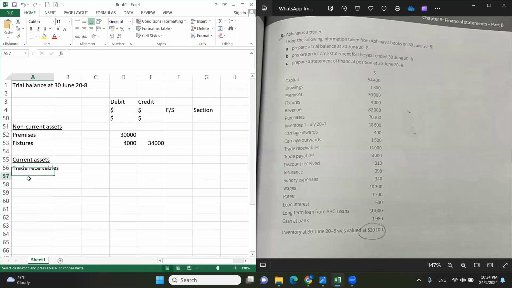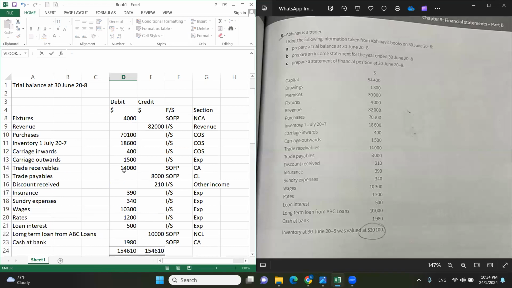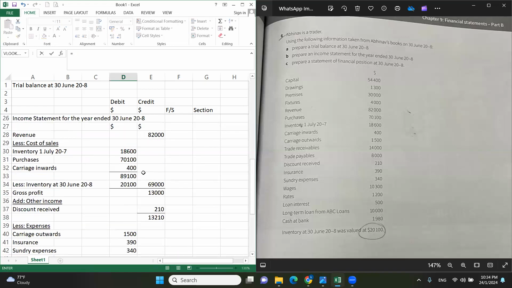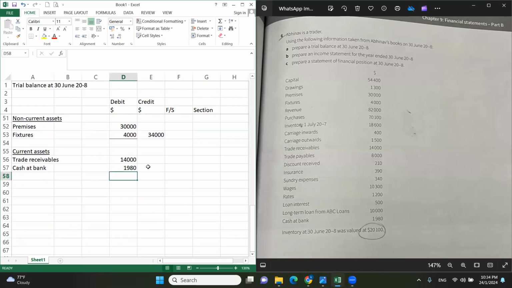Okay, these 2 items. So here trade receivable amount is 114, and then bank is 19. Okay, only these 2 amount that I see. So plus these 2. Now these 2 plus together.